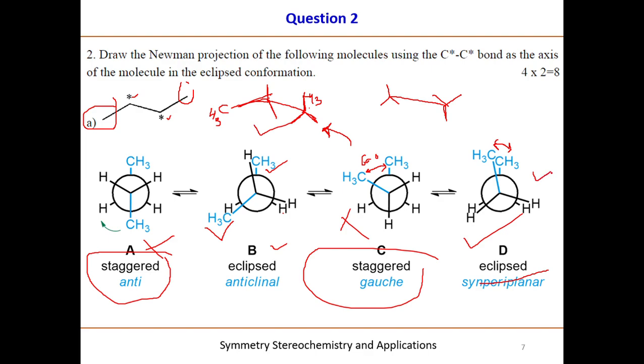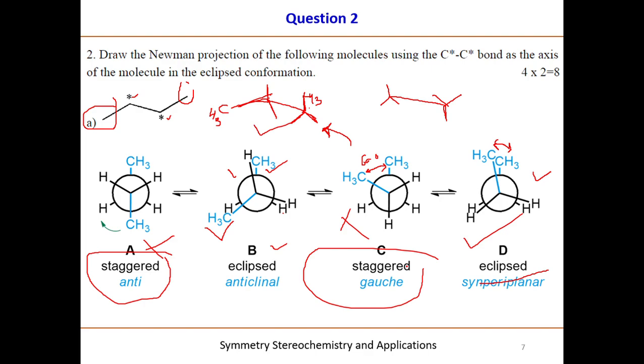High stability means less energy. So because CH3 interaction will give higher energy, it is least stable compared to this one. So these two are the eclipse conformations of the n-butane molecule. I hope all of you are getting these questions.